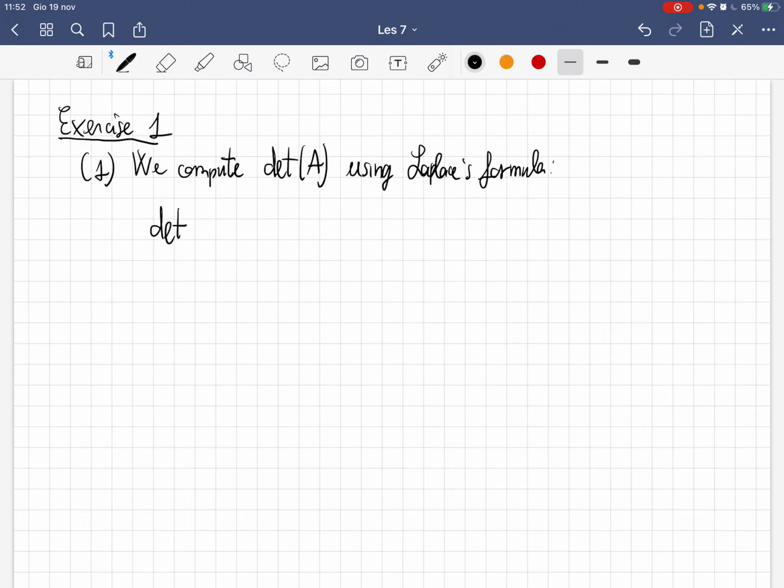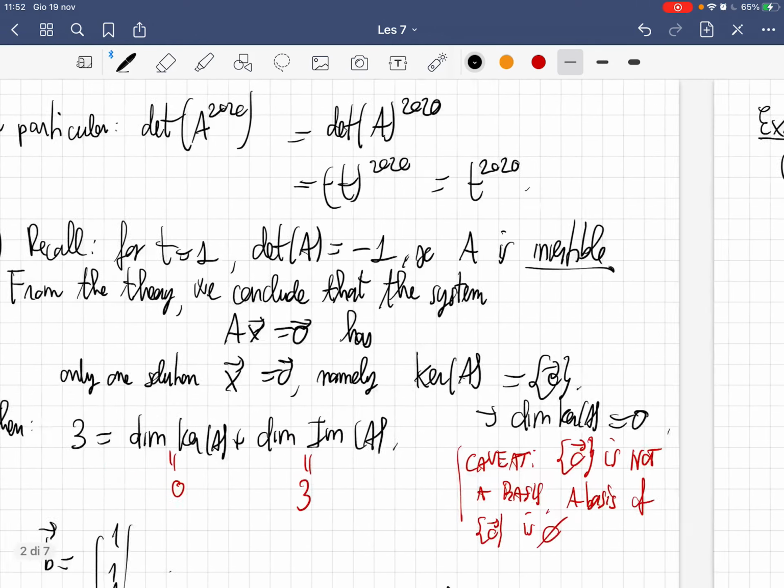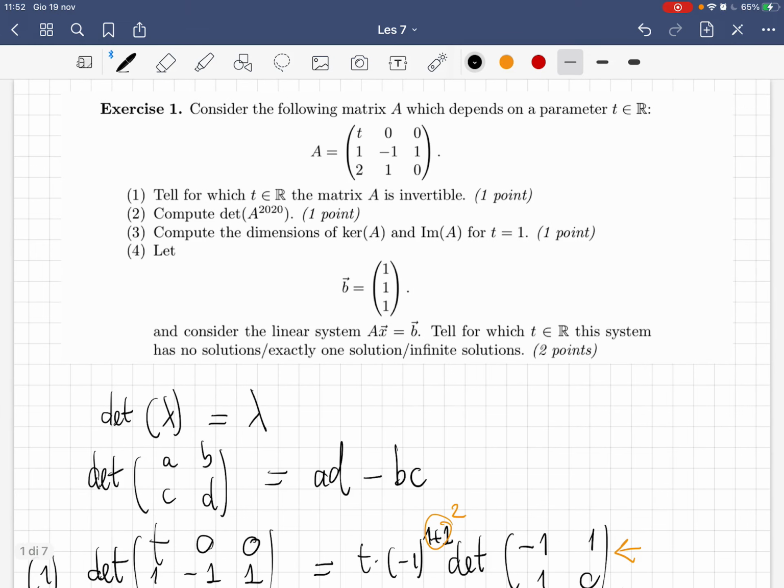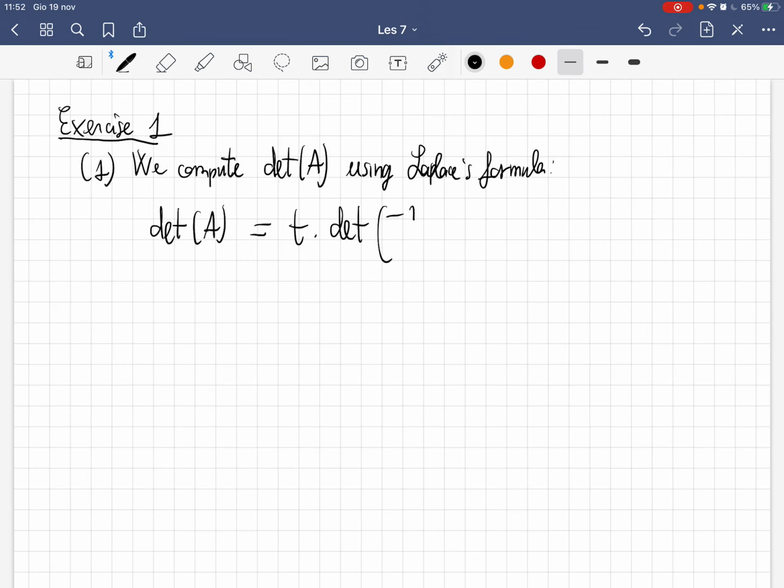So the determinant of A is going to be T times the determinant of minus 1, 1, 1, 0, okay. And this is it. You don't have to write the other parts, the 0 parts. I mean, it's okay. This is part of the theory, and if you apply it correctly, it's okay. So now it's T times minus 1 minus T.